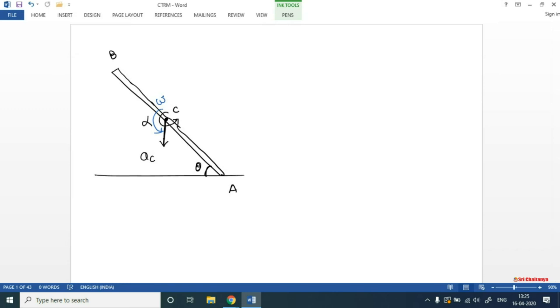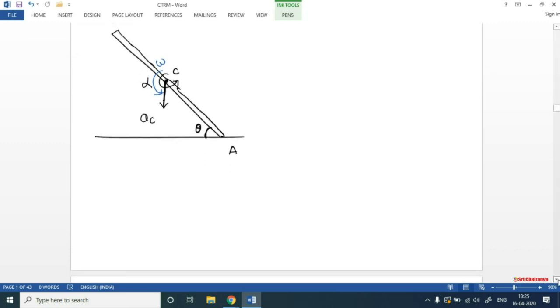Now see, again the motion of this falling rod can be resolved in two parts. One would be the acceleration of the center of mass in the C frame, and the other would be purely rotational motion about an axis passing through the center of mass.